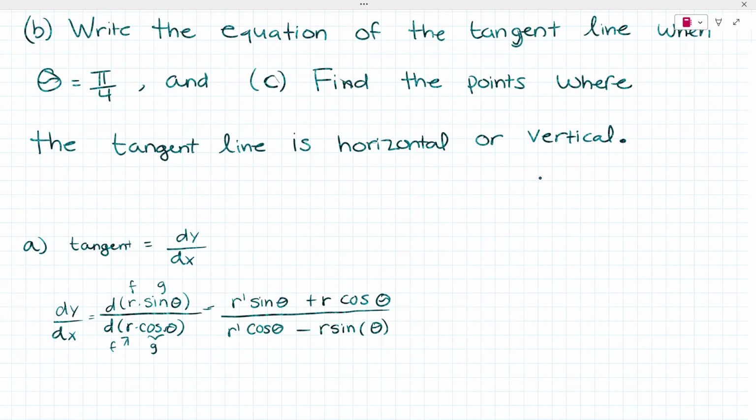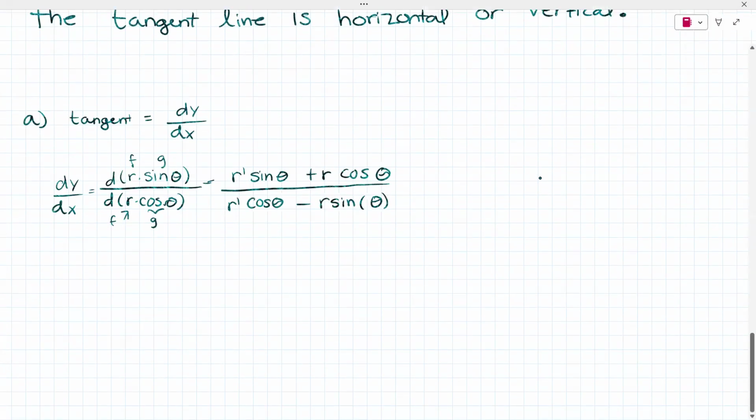Okay. So this was given, r is 1 plus sine theta. What would be my r prime? Because we need to find r prime because it's part of the formula. R prime is, well, the derivative of 1 is 0. The derivative of sine theta is positive cosine theta, right?